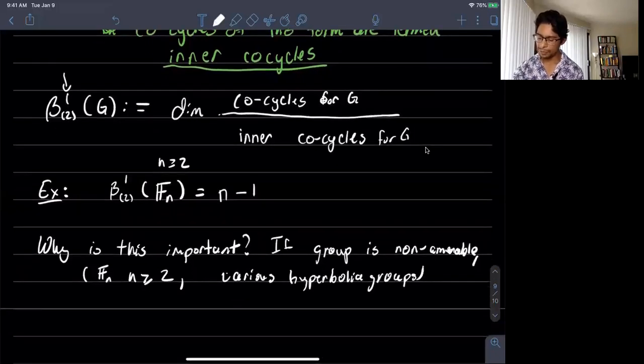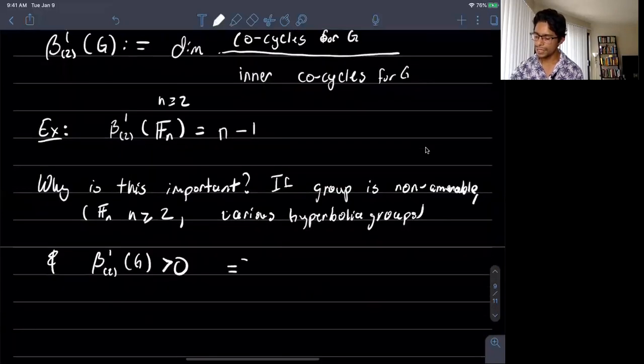If you have a non-amenable group and you compute this number, then what you know is that there exists some cocycle which is unbounded.